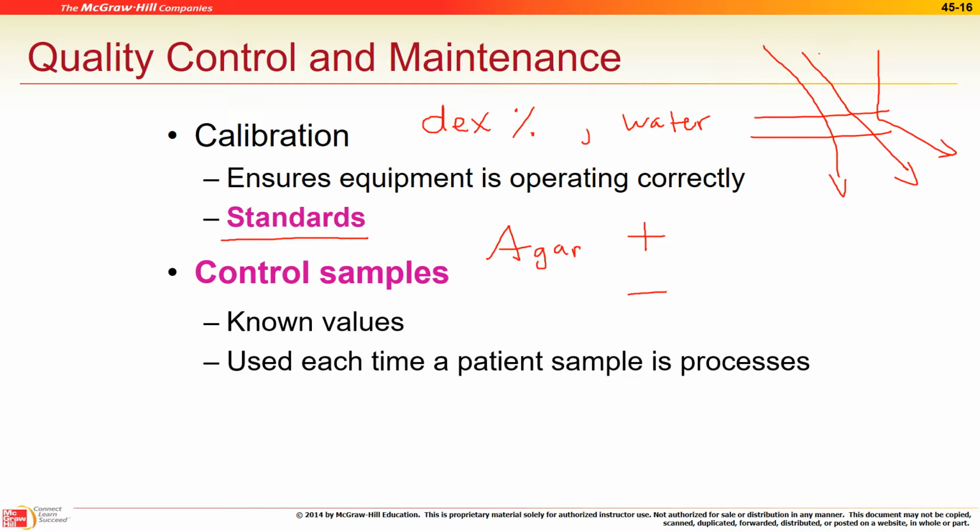So anytime you run test samples using media, you have to run these two with it. So a positive control is to make sure that things can grow. So we get this from the manufacturer. We've got to make sure that, yeah, there's food on it and bacteria and stuff can grow. So we're going to inoculate it with some known microbes, and we expect it to grow.